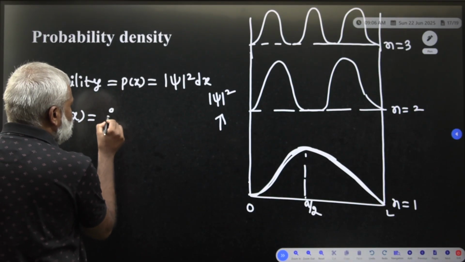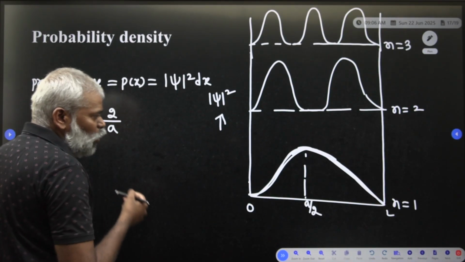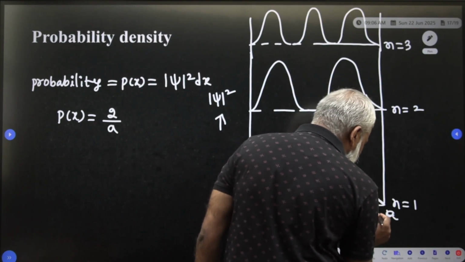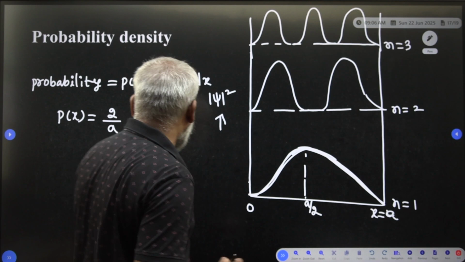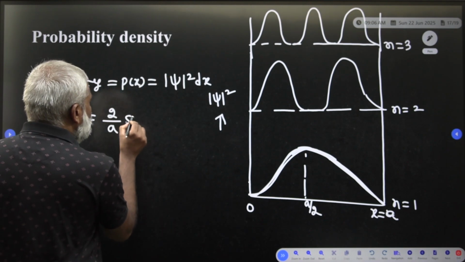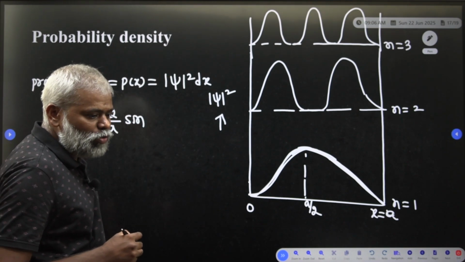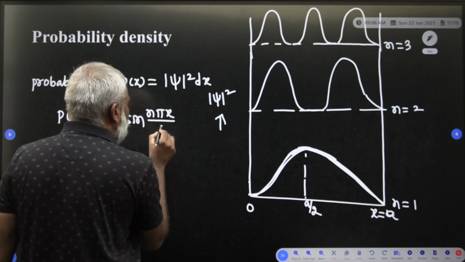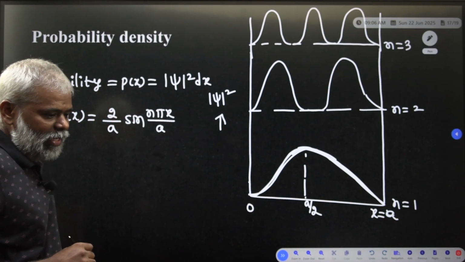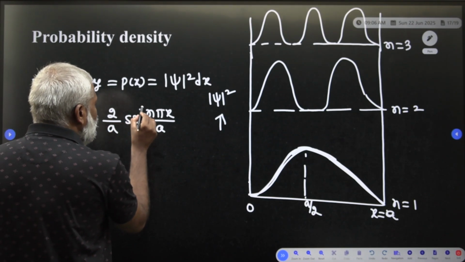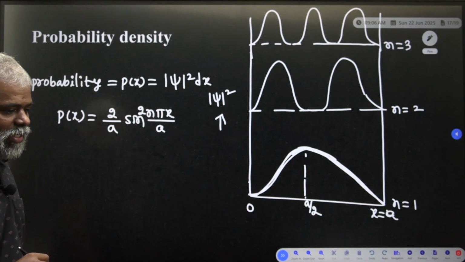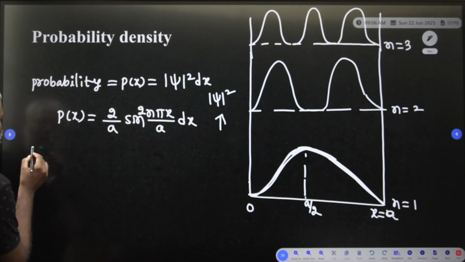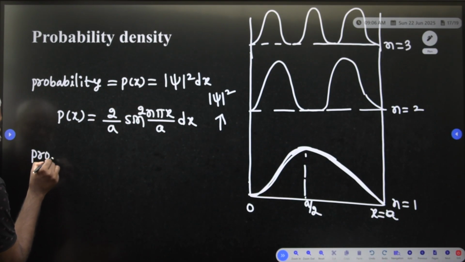For a one dimensional box, modulus of psi square is equal to 2 by a into sine square n pi x divided by a, for x from 0 to a, into dx. This is the probability.